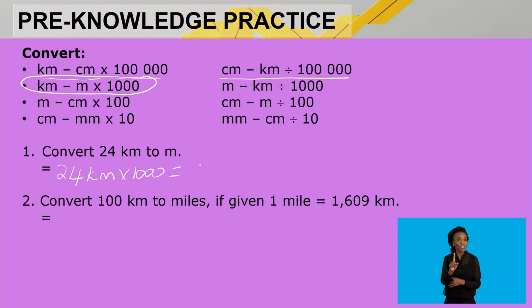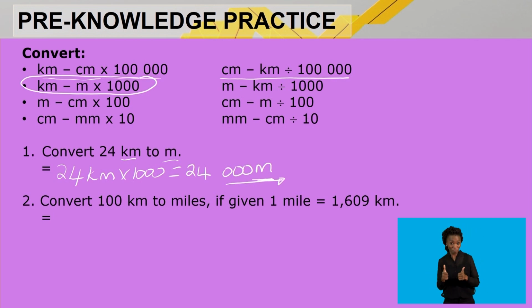This will give you 24,000 meters. Also take note that it is very important to indicate the units you are converting to. If they are saying from kilometers to meters, you must also show at the end, when you have written your answer, that you have moved from kilometers and now you are at meters, right?